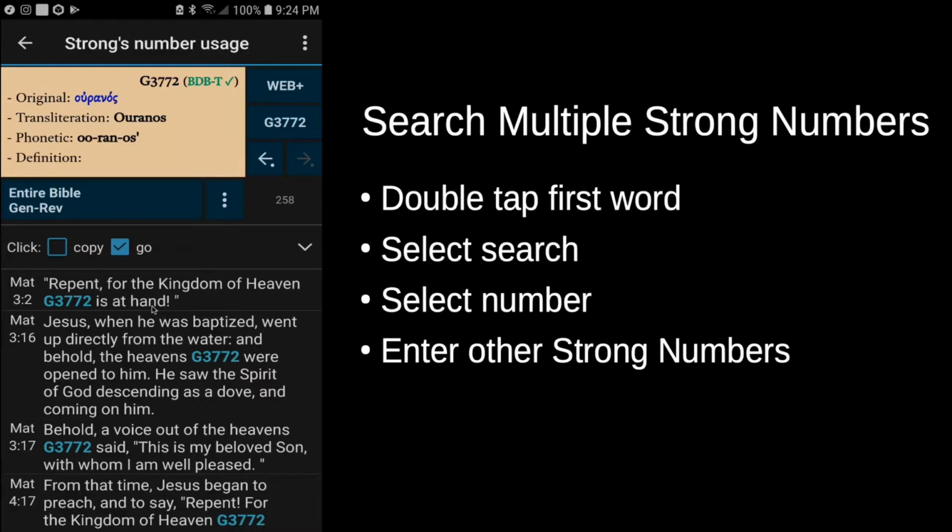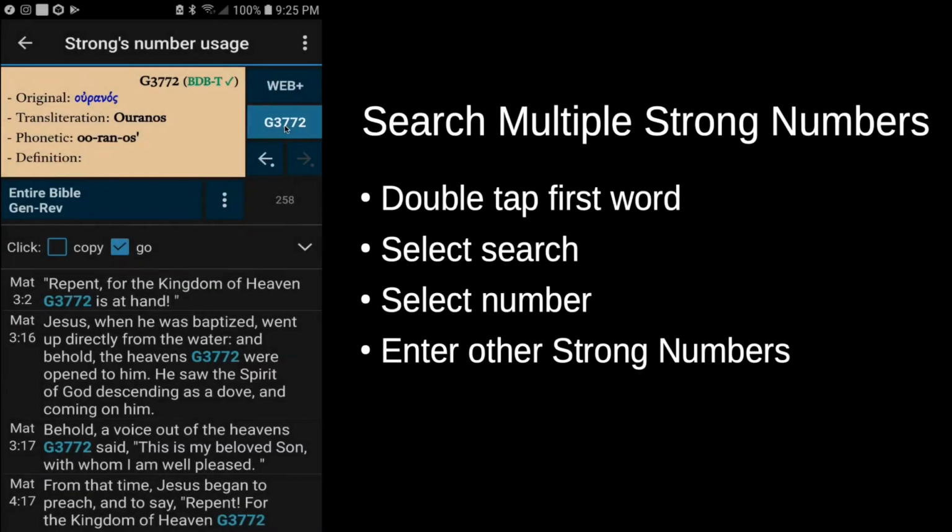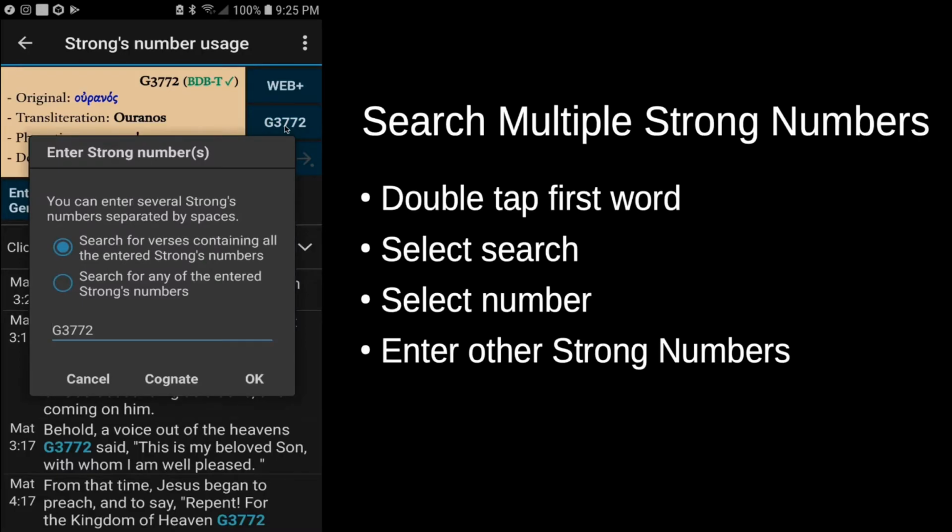But in this particular case, what we're wanting to do is we're wanting to find where basileia, kingdom, and ouranos is used. So to search for multiple Greek words, I'm just going to come tap here where it says G3772, and that pulls up another window. And in this other window, I can enter multiple Strong's numbers.